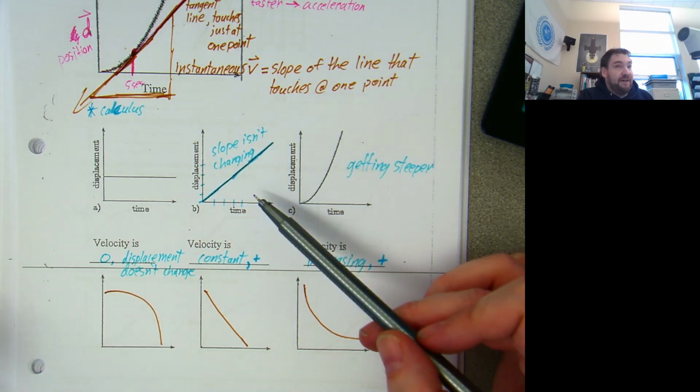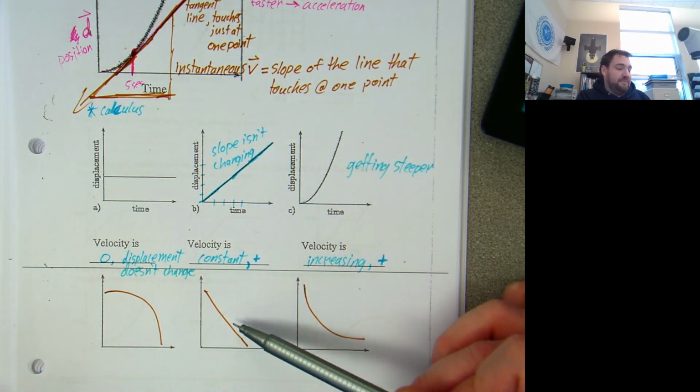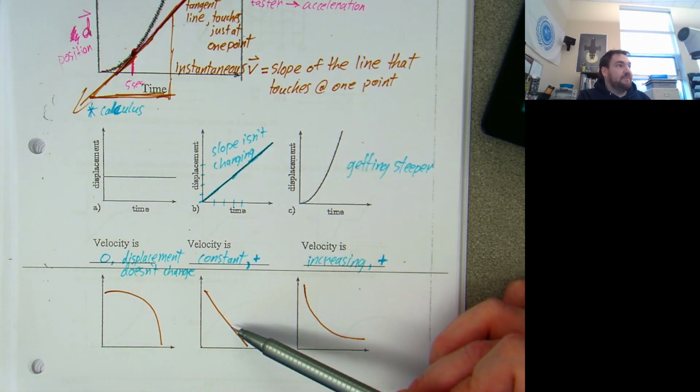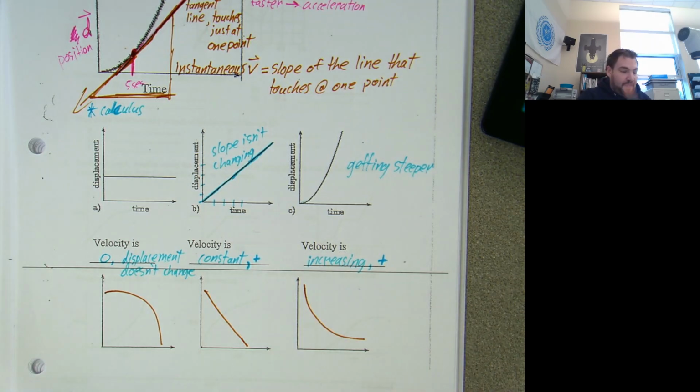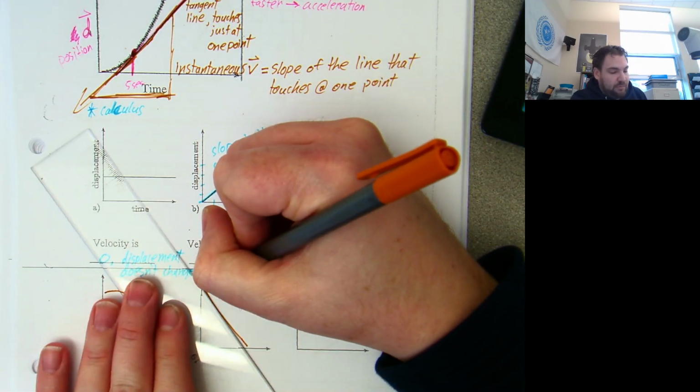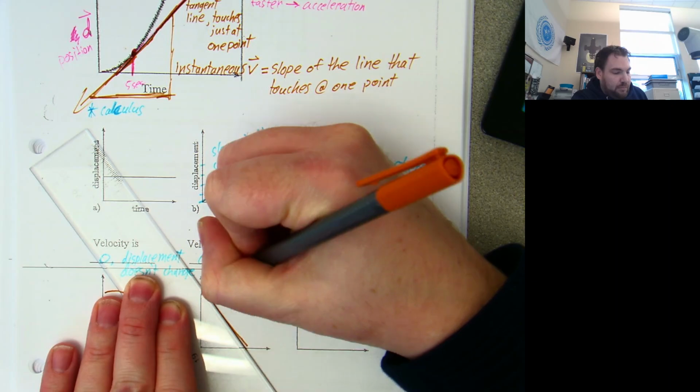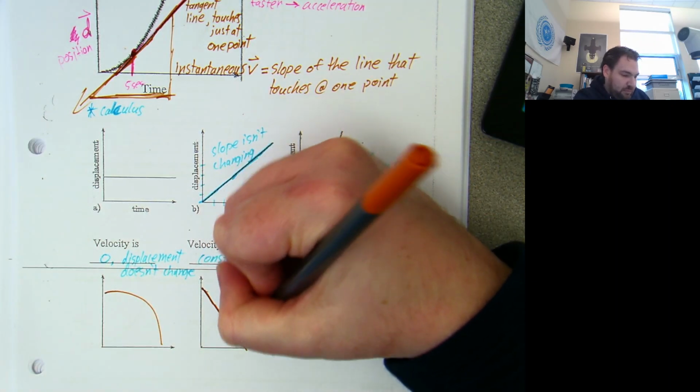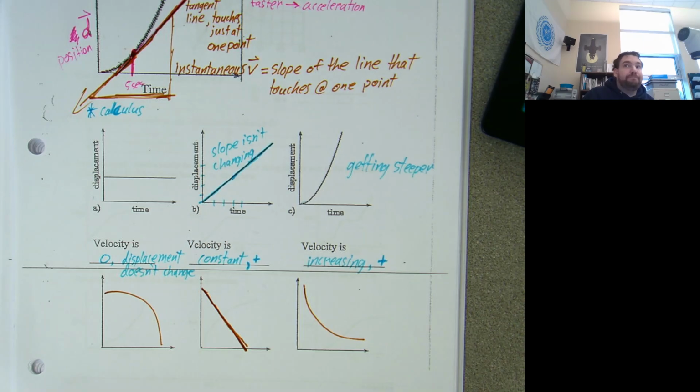It's similar to the one that's above it. What can you tell me about that slope? Maybe I should have used a ruler. What can you tell me about that slope?